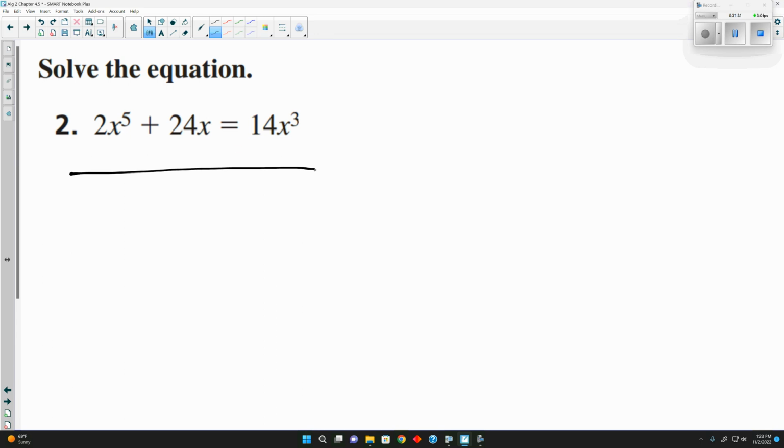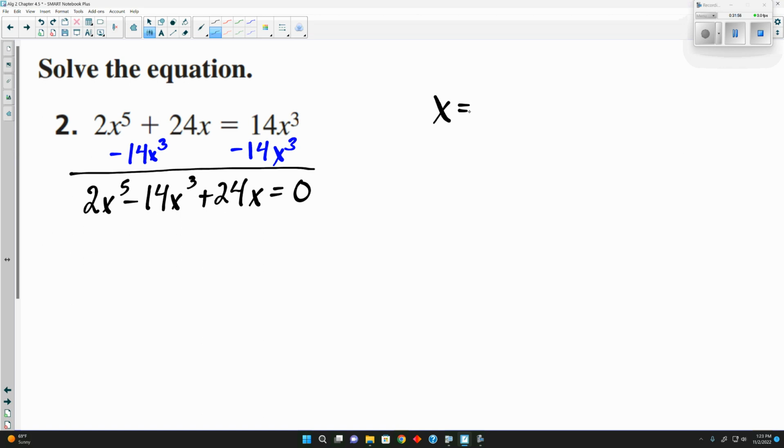So we need to subtract 14x cubed from both sides, which tells us that we have 2x to the 5th minus 14x cubed plus 24x equals 0. I'm going to list them over here so we have them.